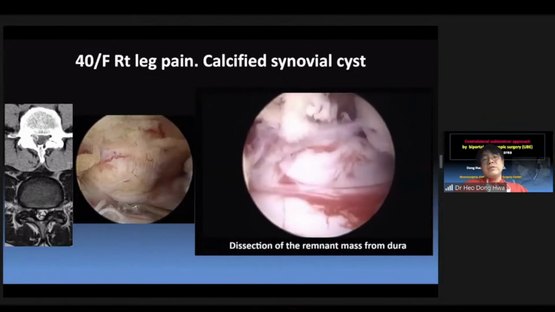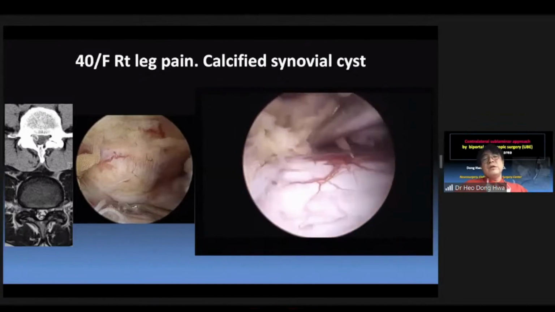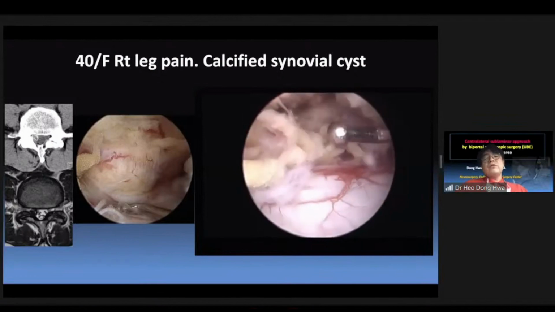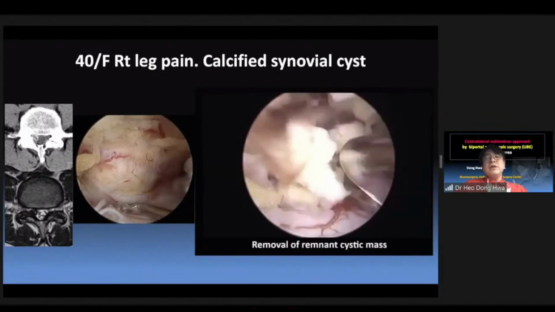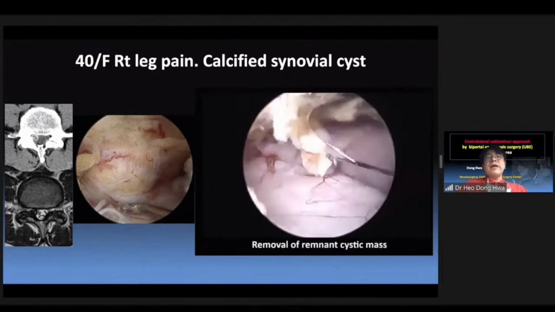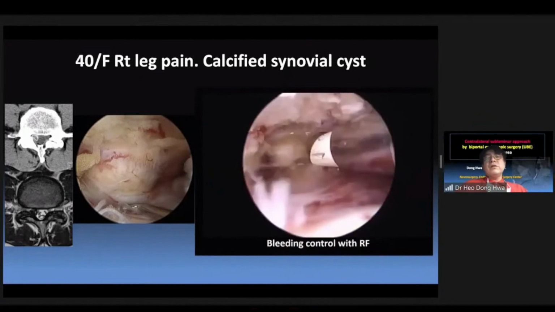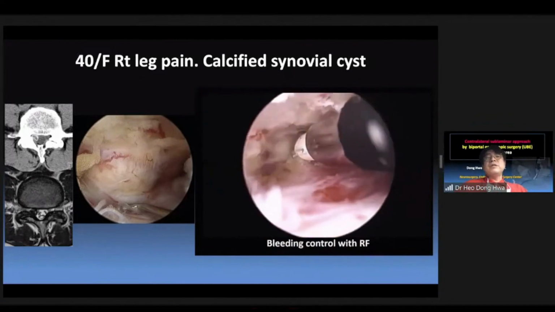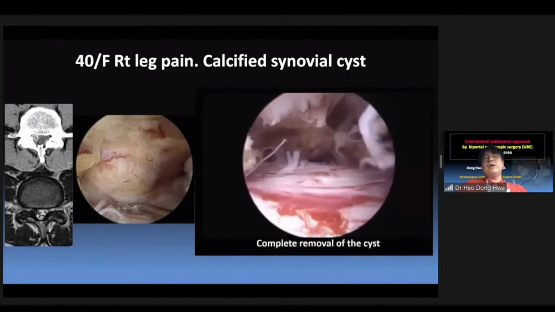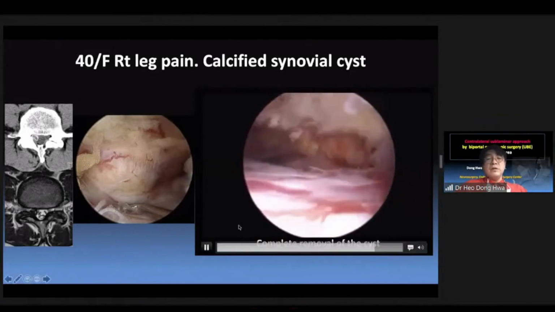You can see the very severe adhesion of the cyst with the contralateral traversing root. Dissection first and removal next. We can completely remove the cyst lesion without any injury to the dura and nerve roots.